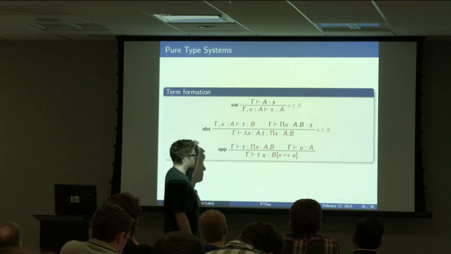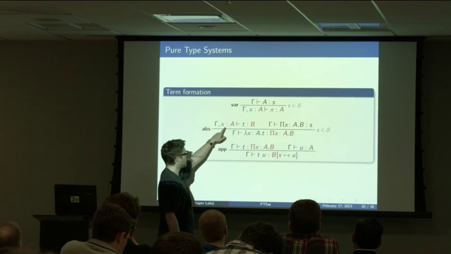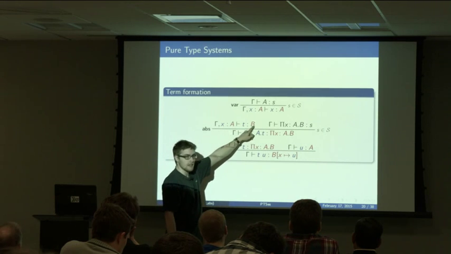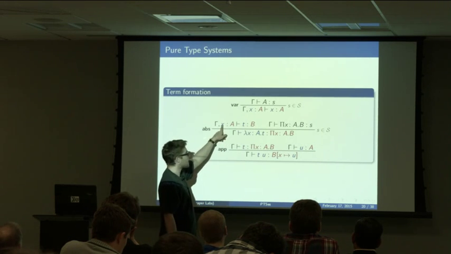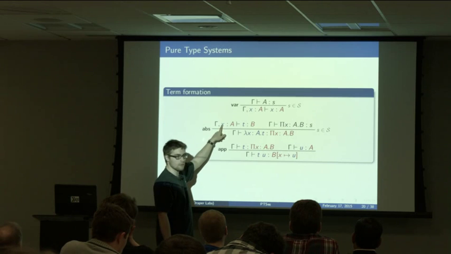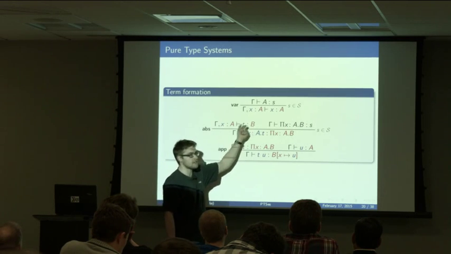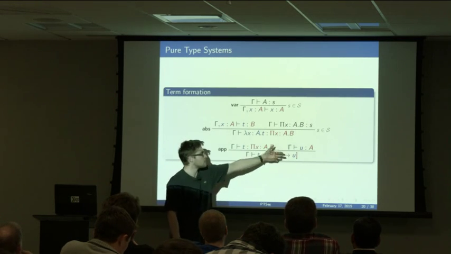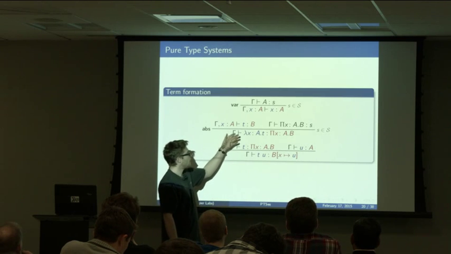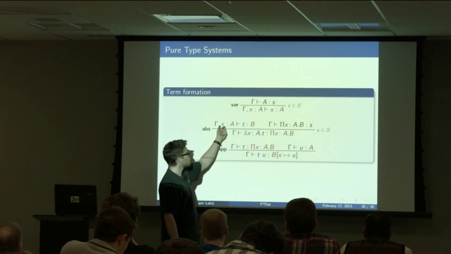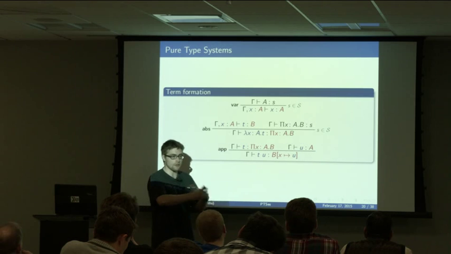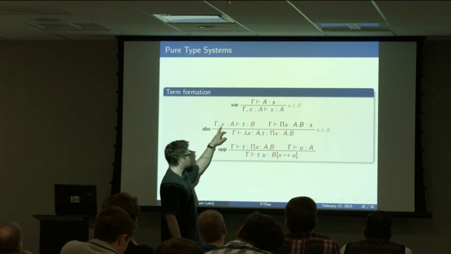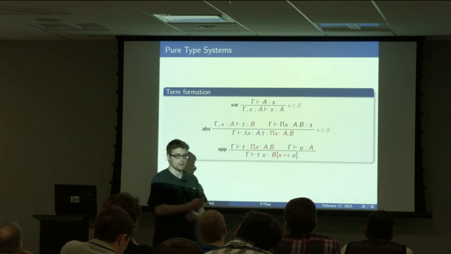The lambda, which is kind of the interesting one, is that if under the assumption that X is of type A, T is of type B, and B can depend on X. So B is now a sort of dependent type, where you're not just building a function space, you're building a function space which may also say some more detailed things about the arguments.